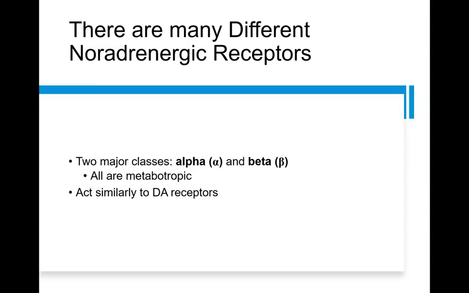Now, there are many different noradrenergic receptors. There are two major classes. They're alpha and they're beta, and all of them are metabotropic. Now, if you are struggling with severe anxiety or panic attacks or high blood pressure, you may be given what is referred to as a beta blocker.